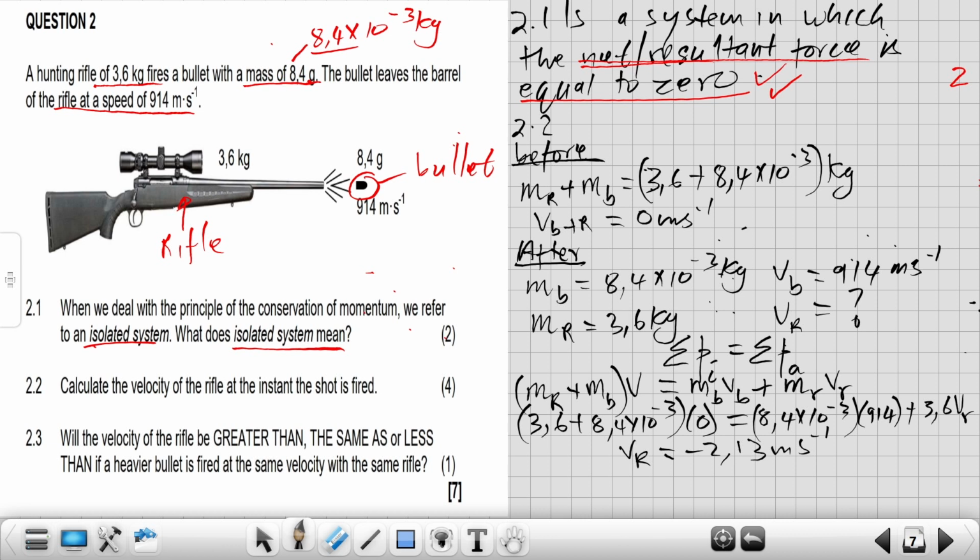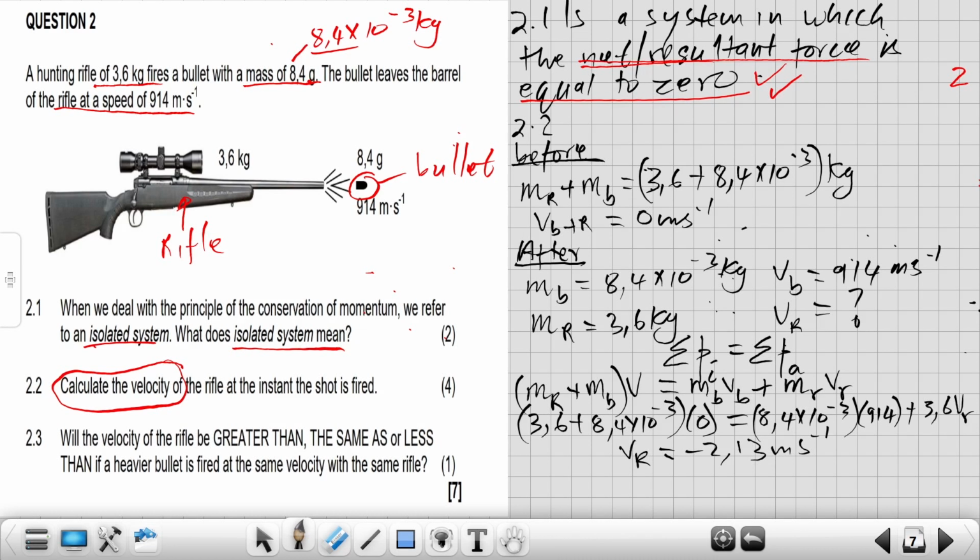But remember, we are working with velocity here. The question is clear: calculate the velocity of the rifle the instant it has been shot. So velocity is a vector quantity, so if it's a vector quantity, we need to assign direction to it.